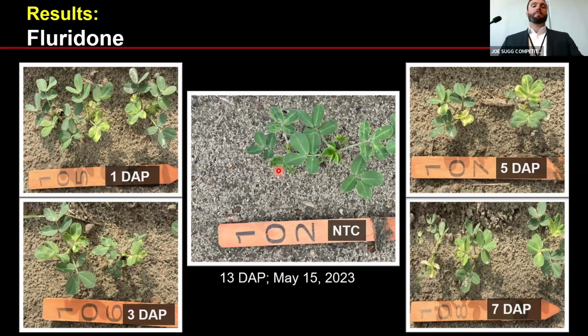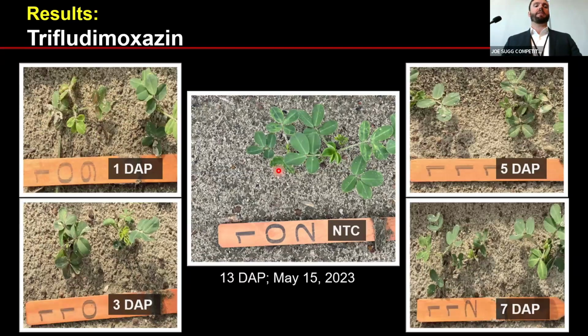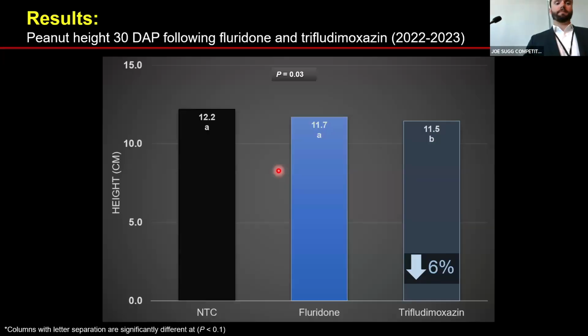We can see the common symptomology, the yellowing, the bleaching, and the stunting when we are comparing it to the non-treated control for fluridone. And same thing for trifludimoxazin. You can see that bronzing on the leaf tissue, which is very common to other PPO herbicides such as Valor, and the stunting as well when we are comparing it to that non-treated control.